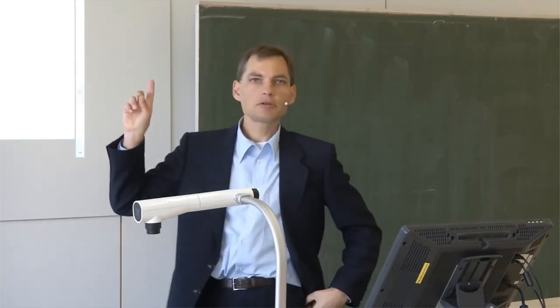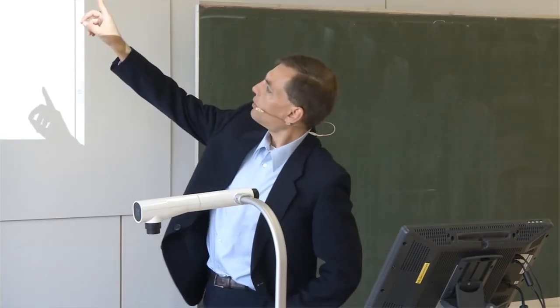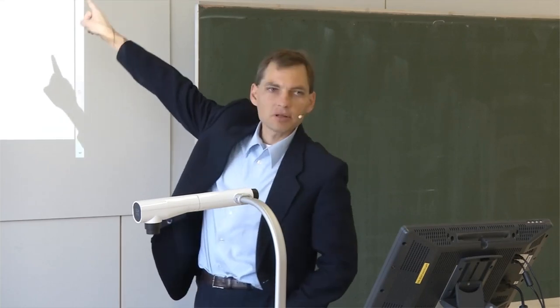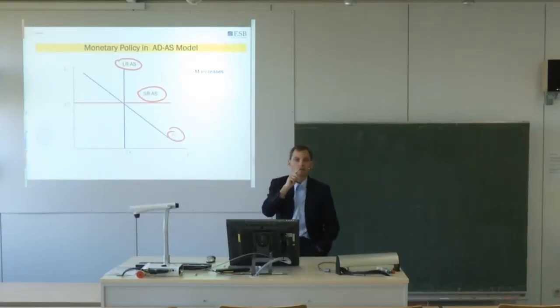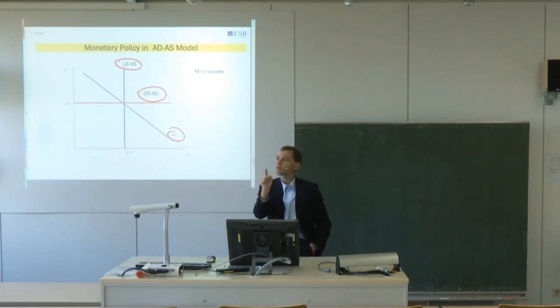We discuss monetary policy. So suppose money supply, this M, increases. As we already learned from IS-LM, if there is a larger M, an increase in money supply, the LM curve shifts to the right.